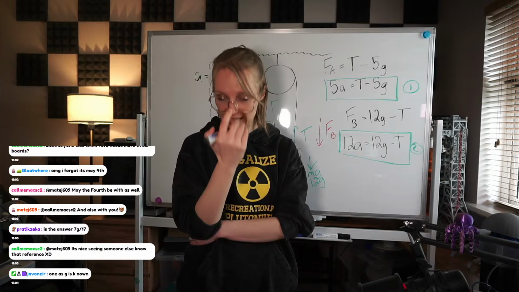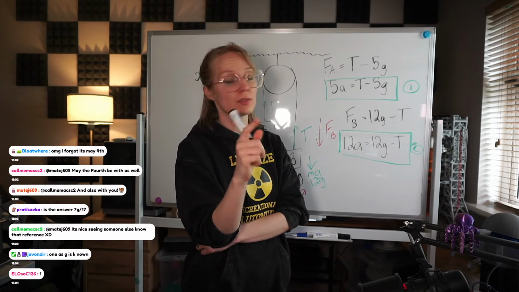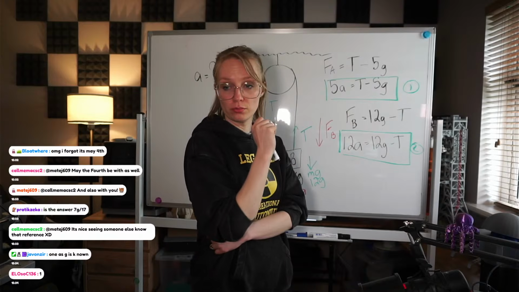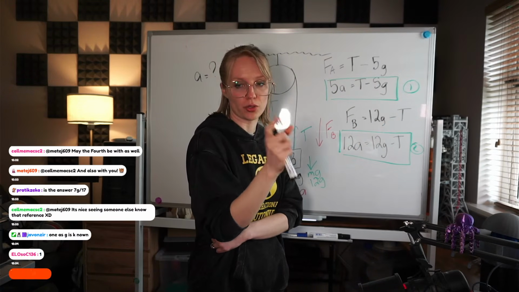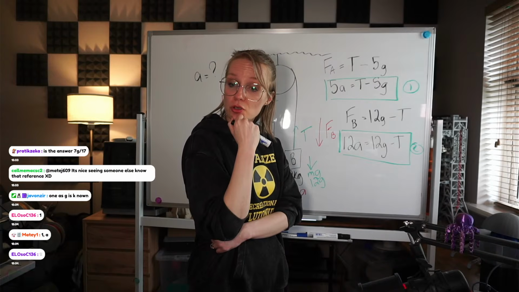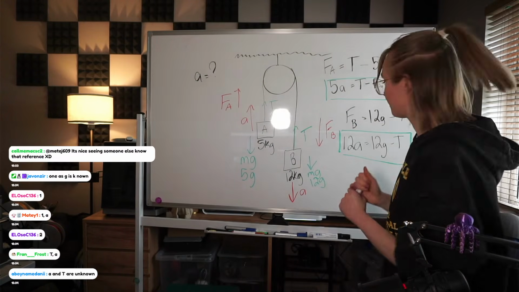One as G, exactly, G is known. So, no, there's two unknowns. A is an unknown. We do know G, right? But T is unknown as well. So there's two terms we don't know. Don't forget your tension.